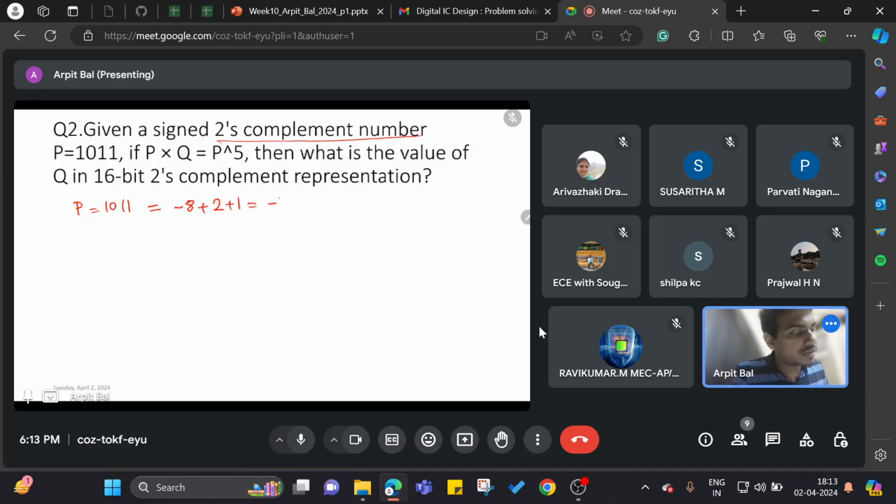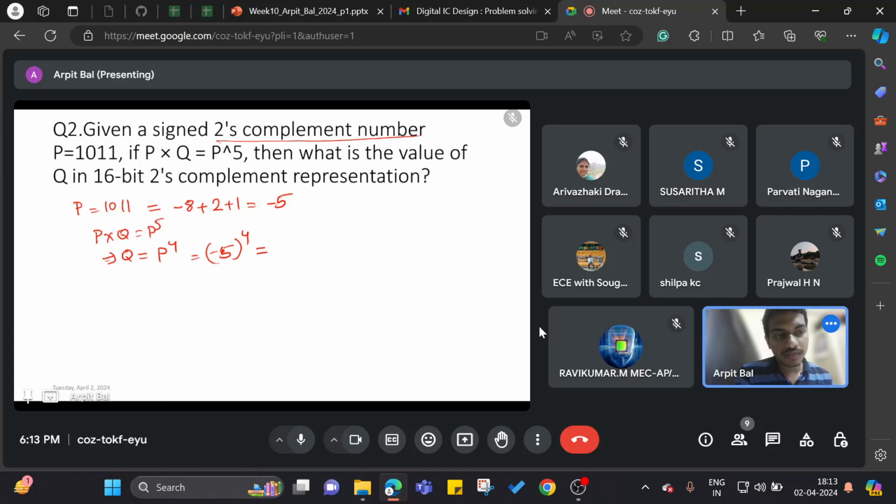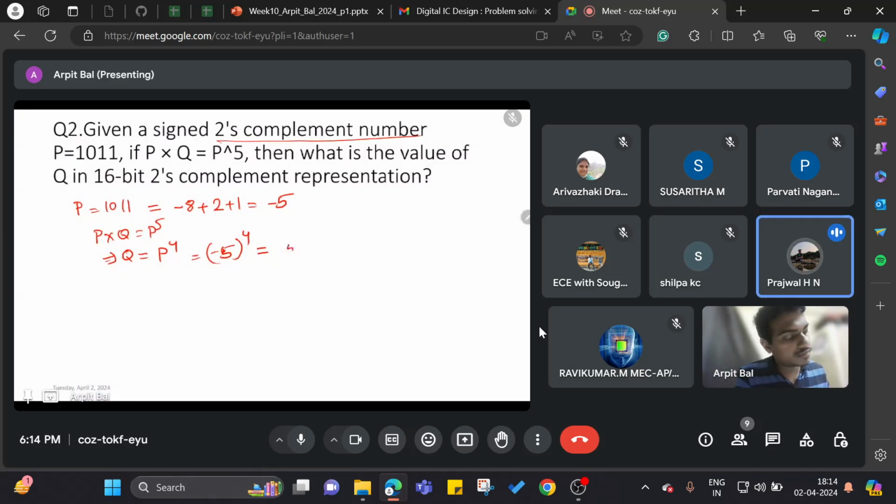Okay, and it is given that p into q equals p power 5. This implies q is equal to p power 4. Okay, so what is the value of q? 625.